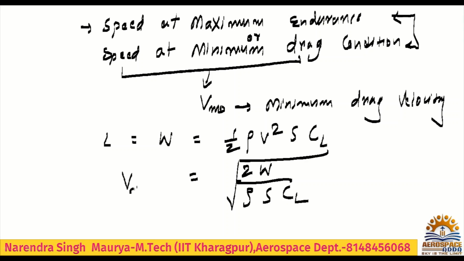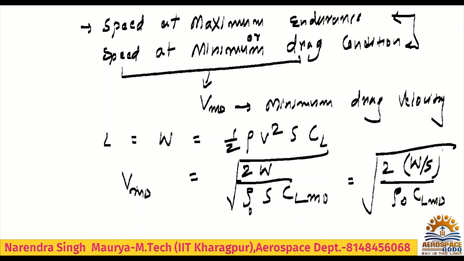If it is the minimum drag condition, VMD, weight will be constant, density will be constant since it is sea level, and obviously area will be constant. So what will change? The lift coefficient will be the minimum drag lift coefficient. Now you can write this simply as 2 W by S, which I am taking separately because the wing loading is given separately in the problem, divided by rho naught CLMD.